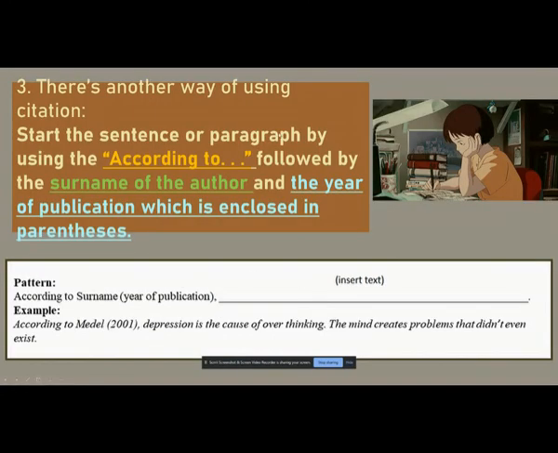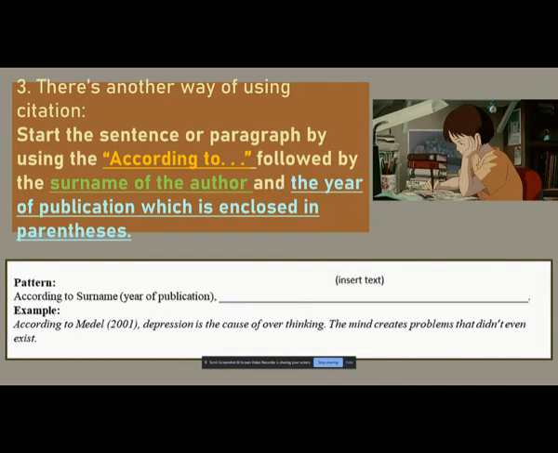Now there is another way of using citation, where it starts in the sentence or paragraph, and it uses the words according to followed by the name of the author, the year of publication, which is included in parentheses, same as the text-oriented citation. However, it is used in the beginning of the paraphrased literature.